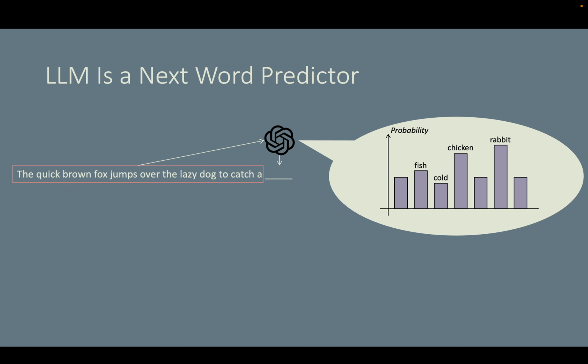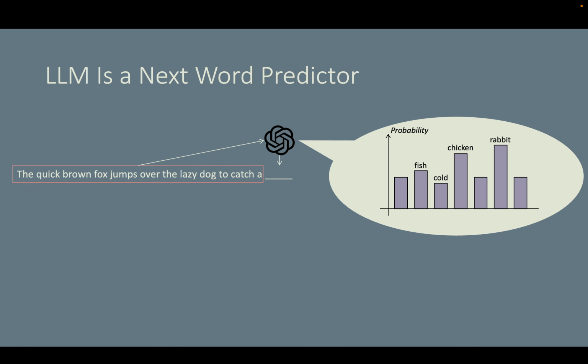While playing with ChatGPT, you may have noticed that the model is not deterministic. If you ask it the exact same question twice, you will likely get two different answers. That's because the model samples from this distribution to generate the next word. So let's assume that in this case, ChatGPT picks rabbit as the next word.